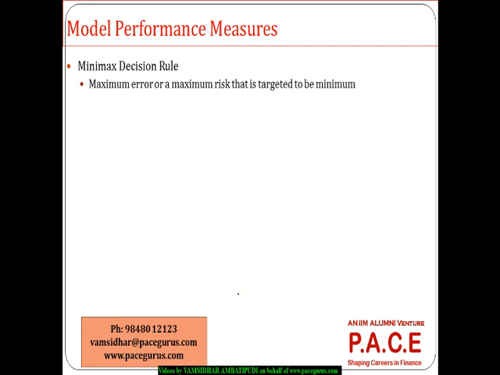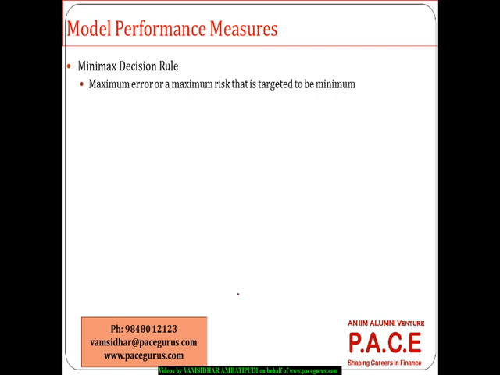And there is a mini-max decision rule also, where I am looking at whether it's an error or a risk. Whichever is the maximum error or maximum risk, I want to have the minimum most value possible. That is what we call a mini-max decision rule. So we have different kinds of decision rules operating.